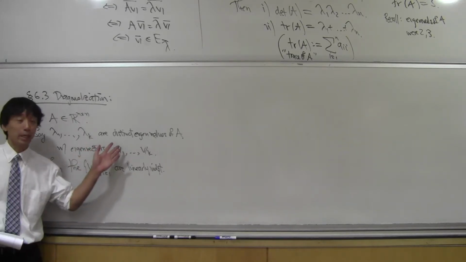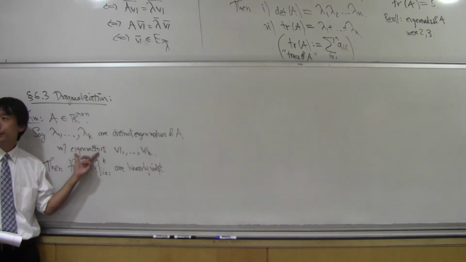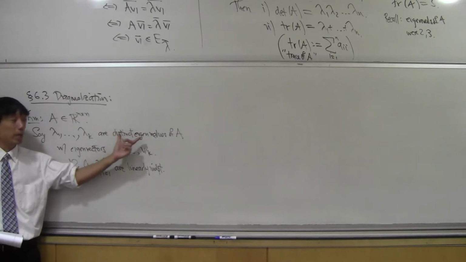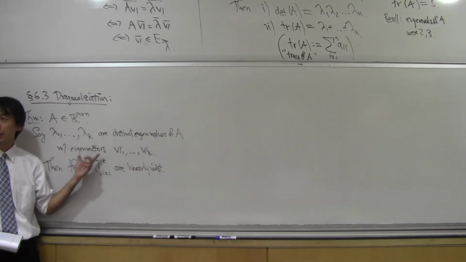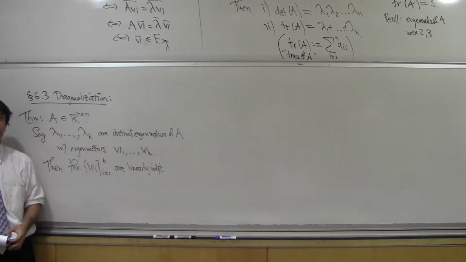This is saying that if you have eigenvectors corresponding to distinct eigenvalues, then that set of vectors is linearly independent. You're guaranteed that these eigenvectors are linearly independent.